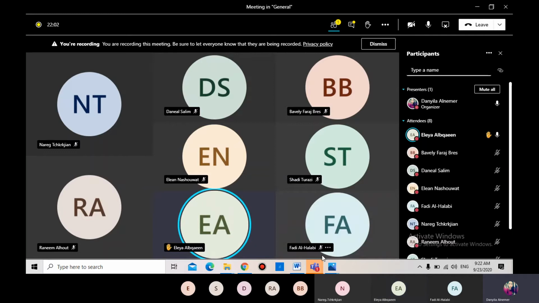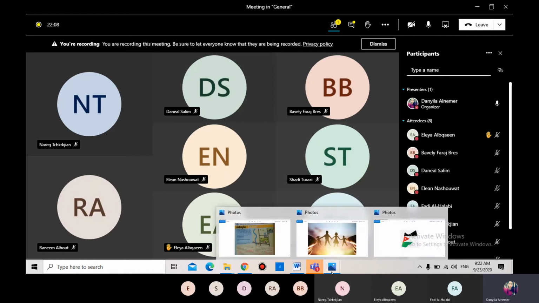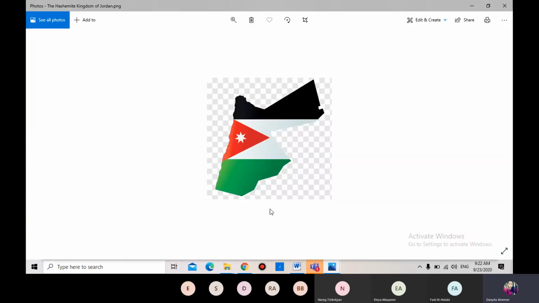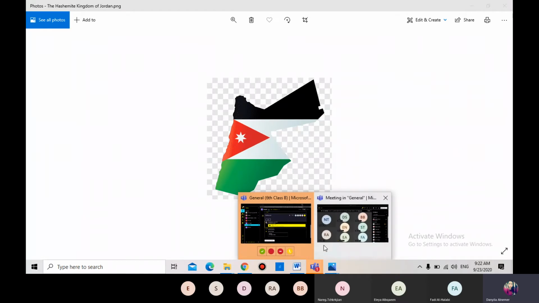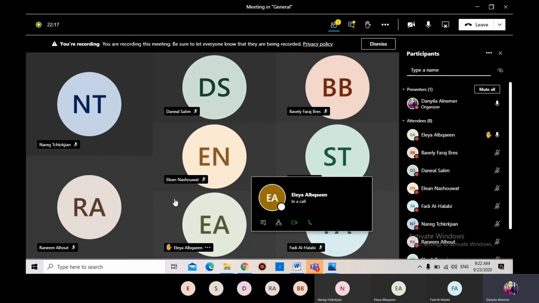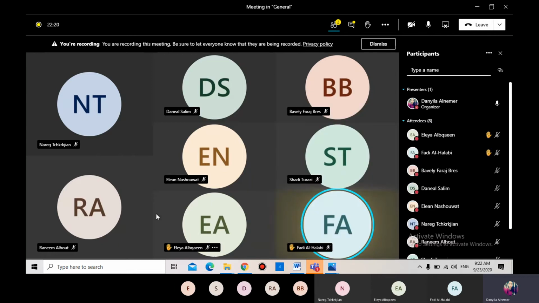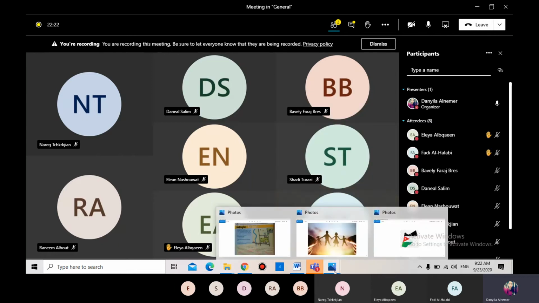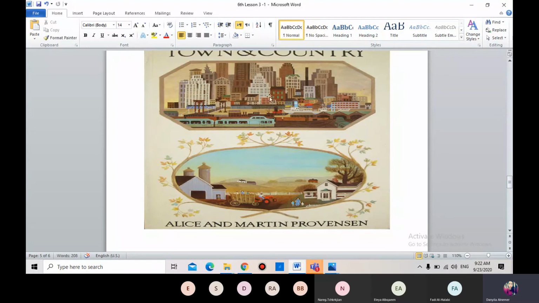So what do we call this large land that I showed you? Where do we live? In Jordan. So Jordan is our country.